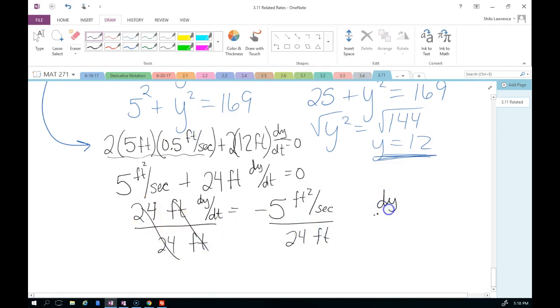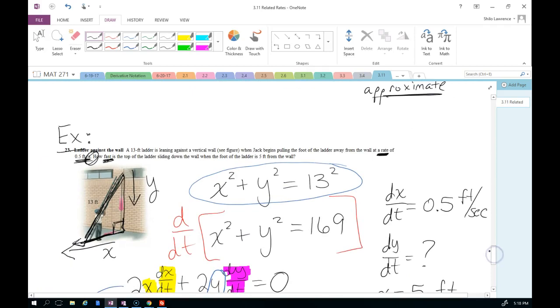We get dy dt equals, and one of those feet units will cancel, -5/24 feet per second. Now the negative just means that the top of our ladder is sliding down the wall. That y distance that we had drawn is getting smaller. So the x distance is getting larger and the y distance is getting smaller.